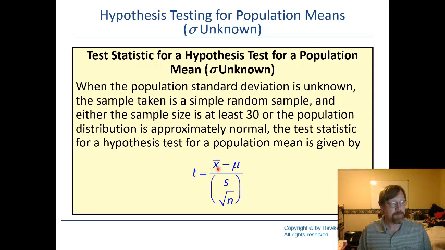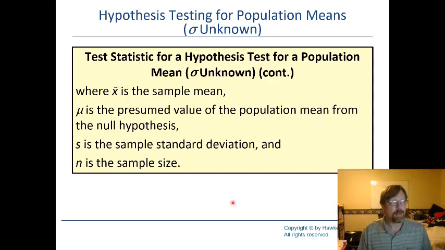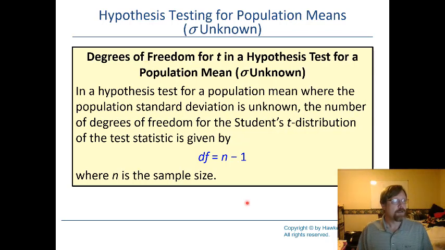We've got the sample mean minus the population mean, or the presumed population mean, what we're testing it against, over the sample standard deviation, instead of the population standard deviation. So it's the sample standard deviation divided by the square root of the sample size. And the other thing we need to use the student's t-distribution is the degrees of freedom, which is the sample size minus 1.